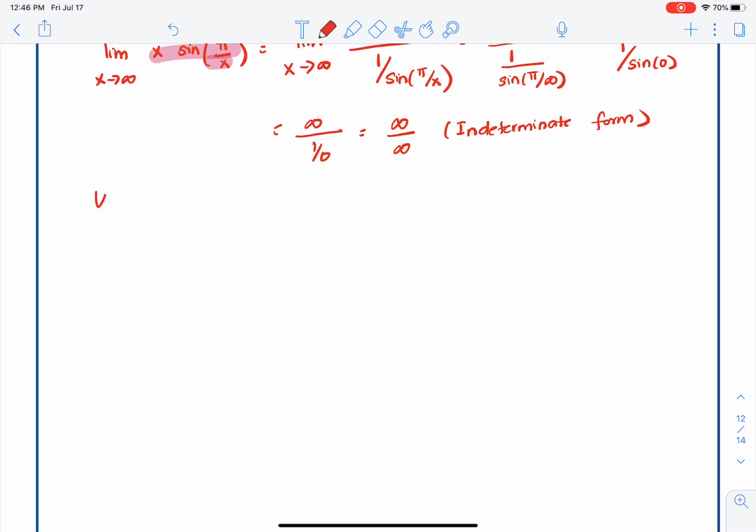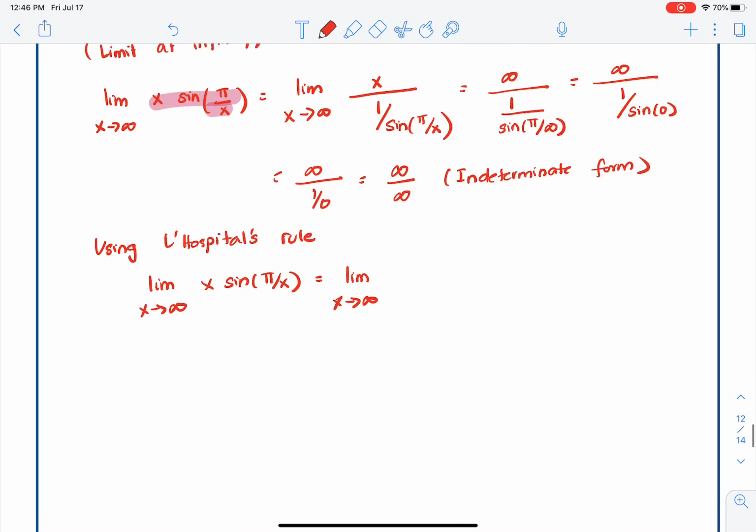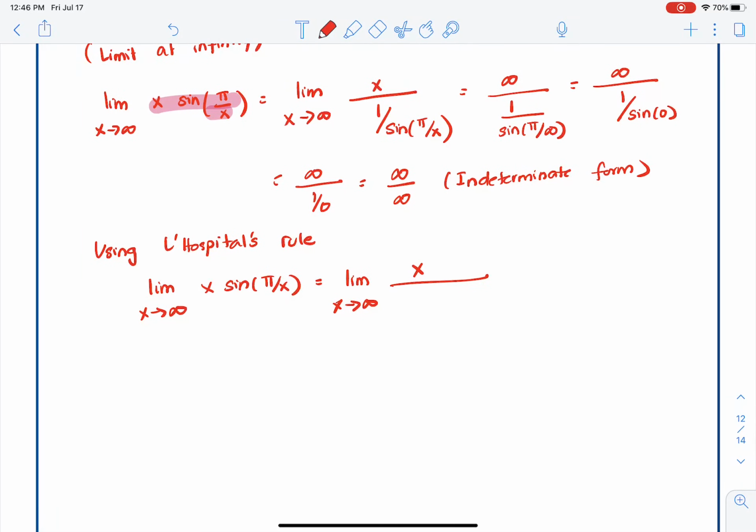So, using L'Hopital's rule, limit x approaches infinity, x sine pi over x would equal limit x approaches infinity, x over 1 over sine pi over x. But we know 1 over sine is simply cosecant. So we have cosecant pi over x.